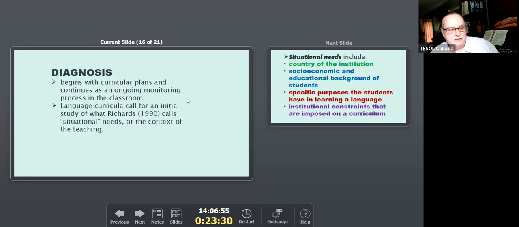If we look at each of these individually, we see that diagnosis begins with the curricular plans and continues as an ongoing monitoring process in the classroom. Language curricula call for an initial study of what Richards in 1990 calls situational needs, or the context of the teaching.